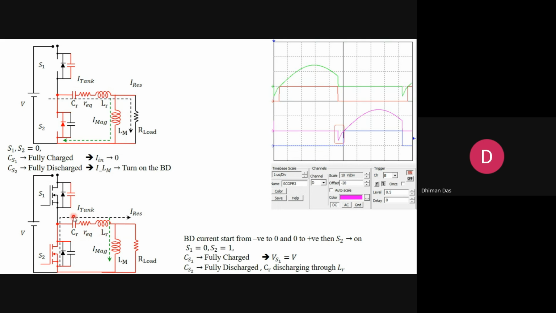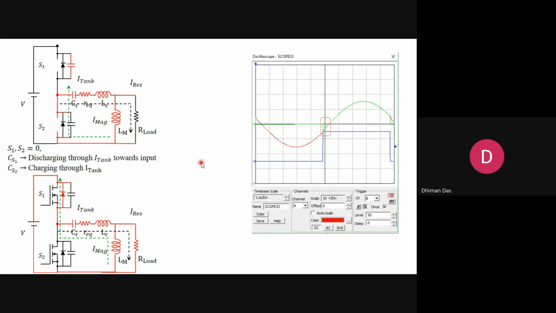So the LM is going in the negative direction. LM is a triangular wave, or triangular shape. And the CR, the capacitive voltage, goes negative and tries to discharge across the network. That is the negative sequence of the resonance.